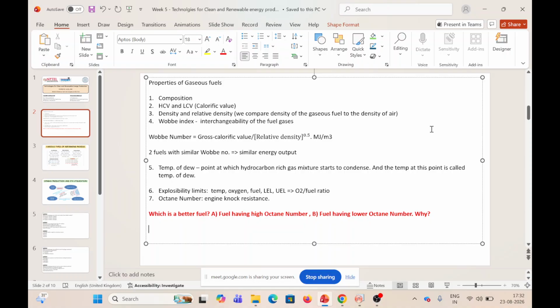So either use them directly for the energy production or the electricity and heat generation, or use these gaseous fuels, convert them into some other compounds or chemicals, and use those chemicals as an energy resource. Those are the particular topics we will be discussing now.